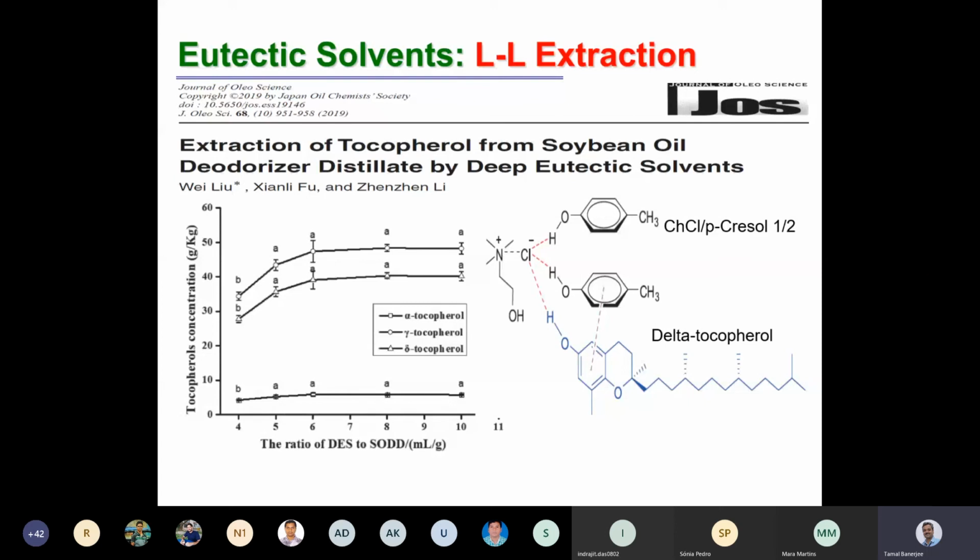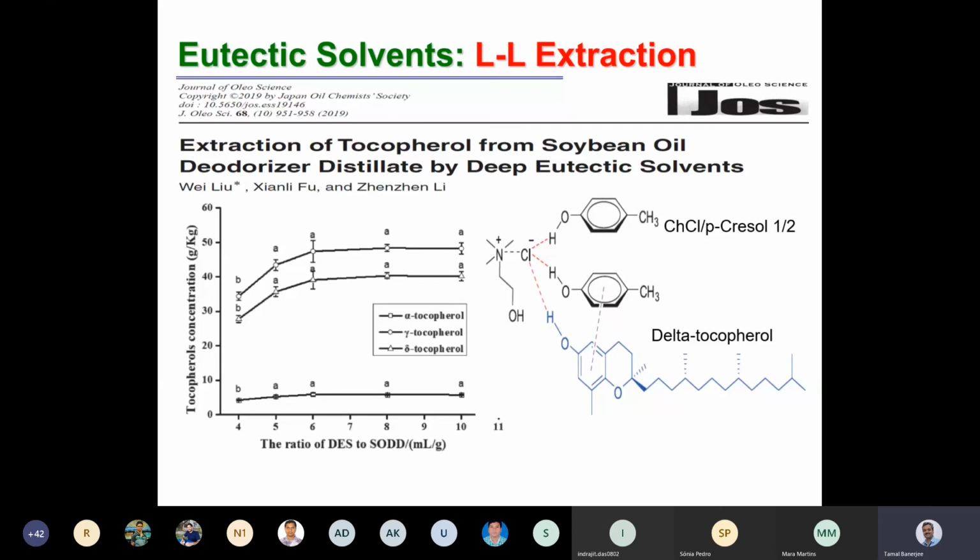and the best eutectic solvent tested was choline chloride para-cresol. Liu and his group tested other eutectic solvents, and only those with an HBD with an aromatic group worked, to make this interaction with tocopherol.